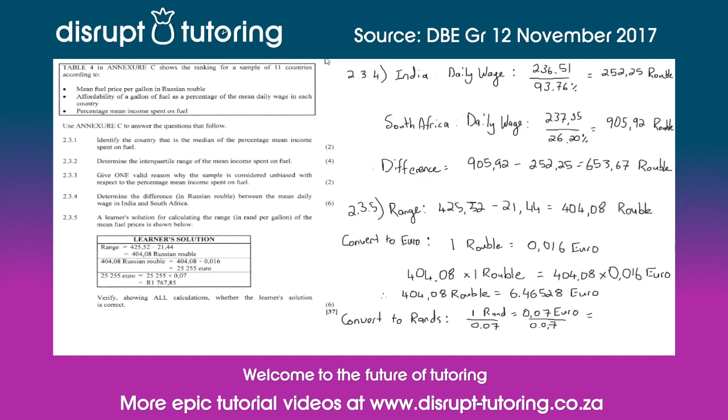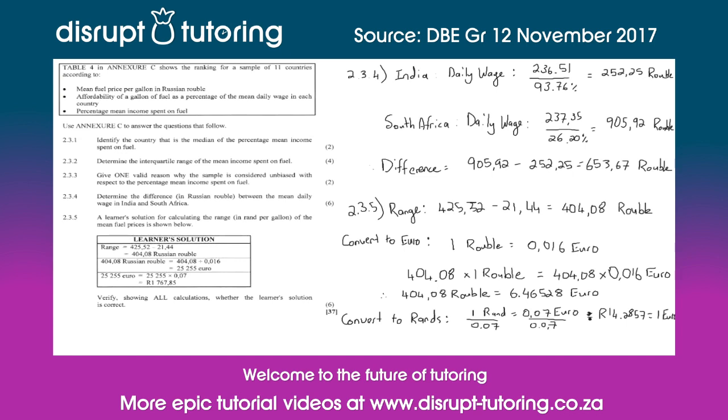So this will then equal, it's the equivalent of 1 divided by 0.07 in your calculator, which is equal to 14.2857 rand, so I'll write rands like this, is then equal to 1 euro.